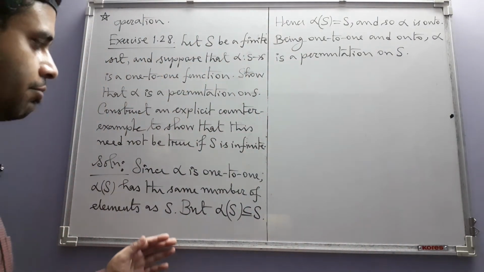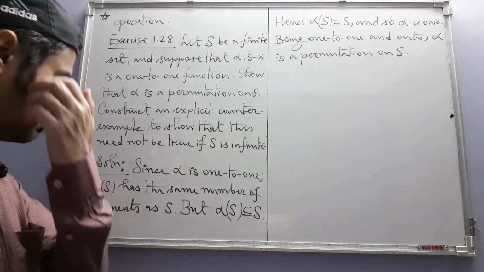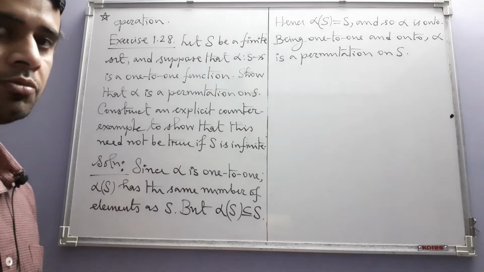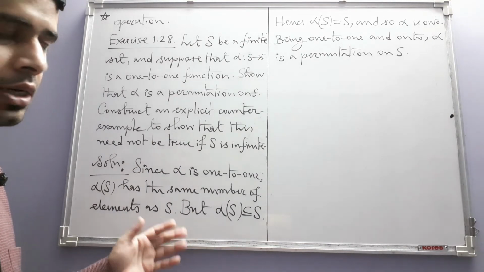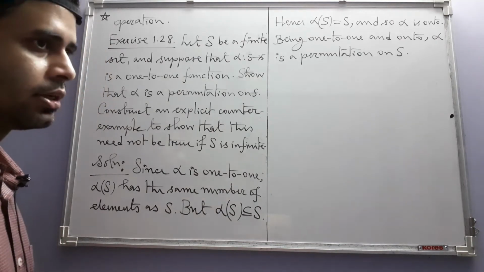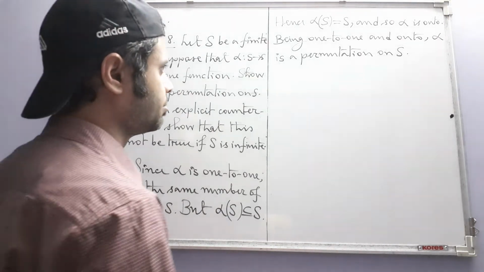Now next we have to provide a concrete counterexample to this fact. If S is infinite, then this no longer is true. A one-to-one function is not necessarily onto, and as such is not necessarily a permutation.